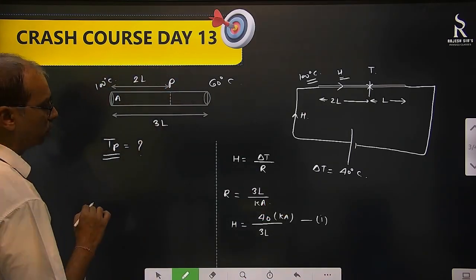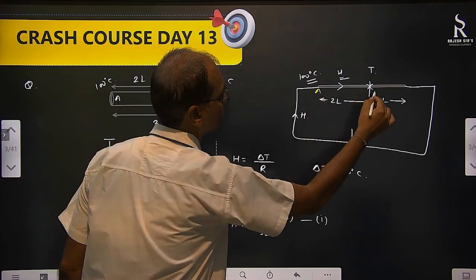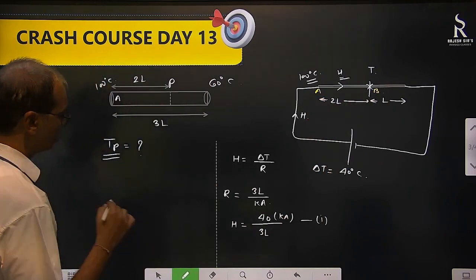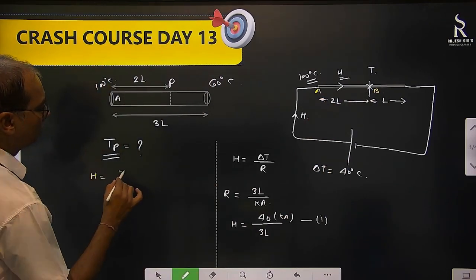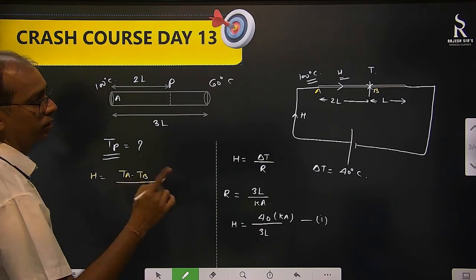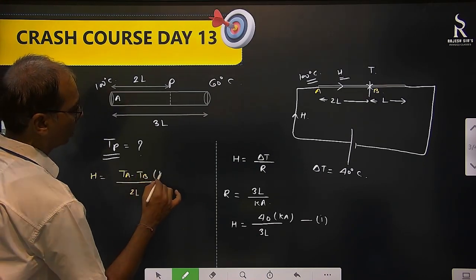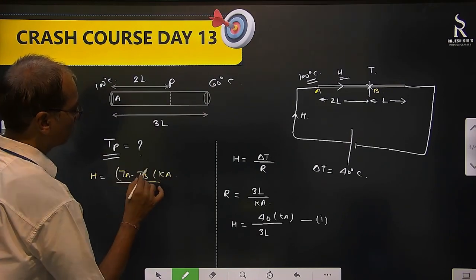So H equal to, this end is A and this end is B, let's assume. H equal to Ta minus Tb, the temperature difference between the two, by 2L by Ka.